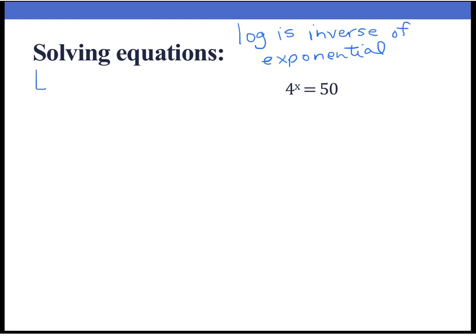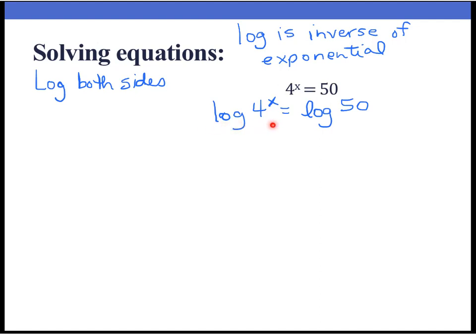So the first thing we're going to do, this is step 1, we're going to log both sides. What this does for us is bring in the power rule. If you have a logarithm, no matter what the base, and you have a power raised right here, that means that power can be taken to the front.